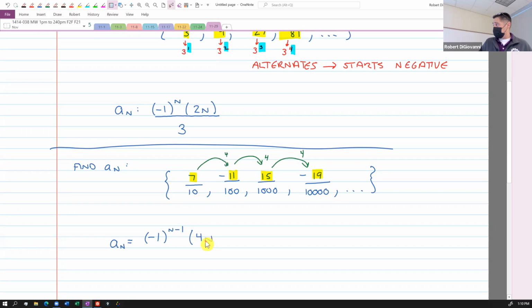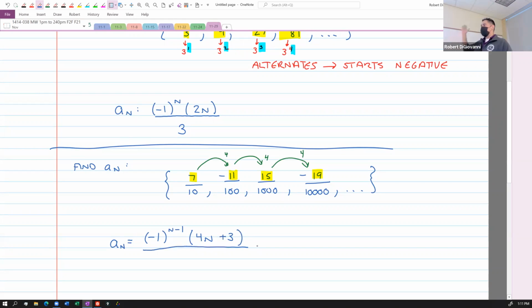So how do I change this from a 4 to a 7? Just add 3. Good. And you can check it, right? Just plug in 1, you should get 7. Yeah, we got 7. Plug in 2, you should get 11.